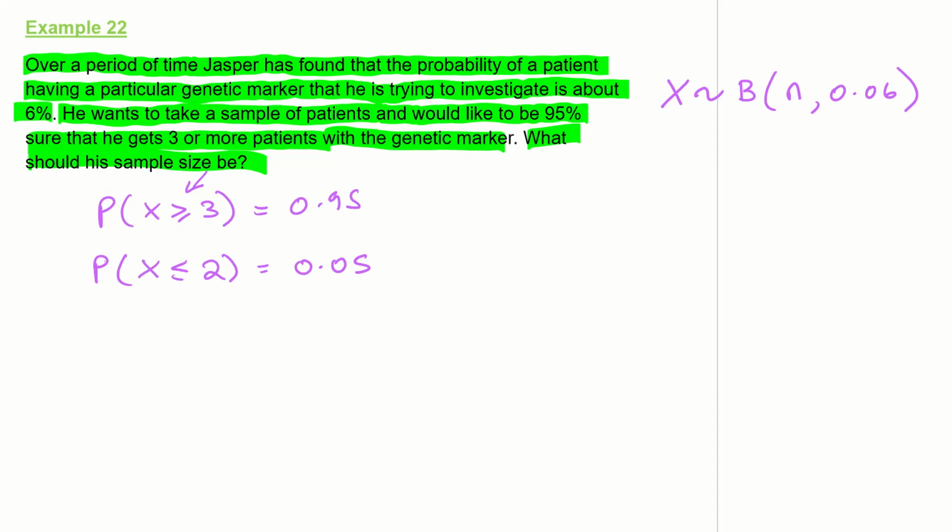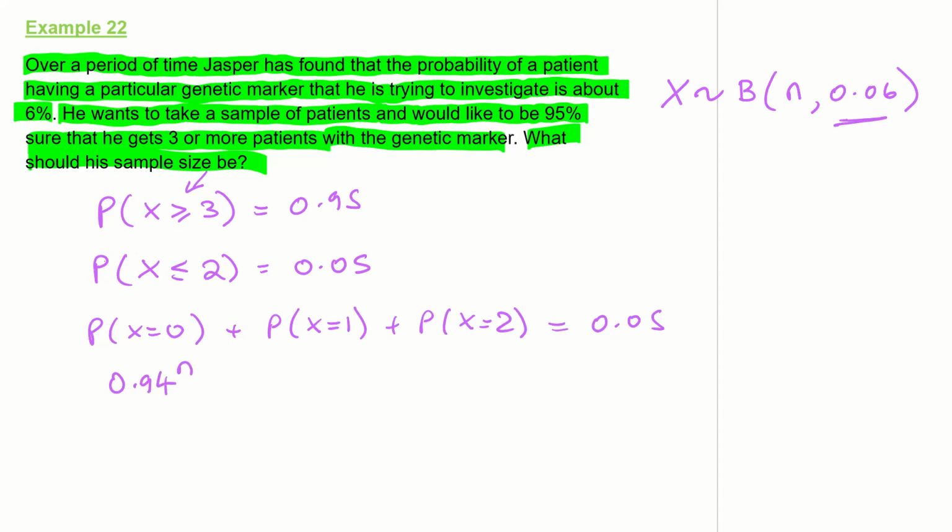Now, you can set this up as an equation: the probability of X being equal to 0 plus the probability of X being equal to 1 plus the probability of X being equal to 2 is 0.05. X is 0, that's 0.94 to the power n. Remember, that would be 1 minus 0.06.